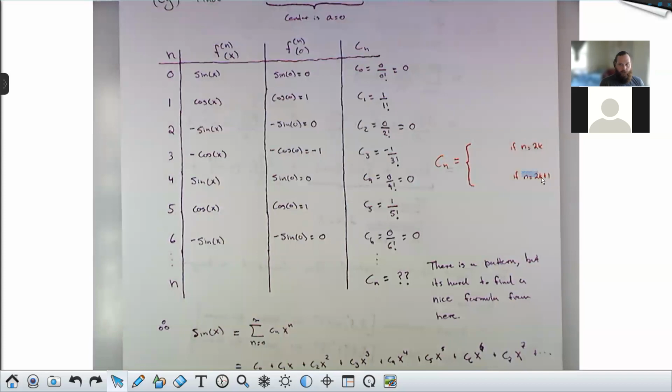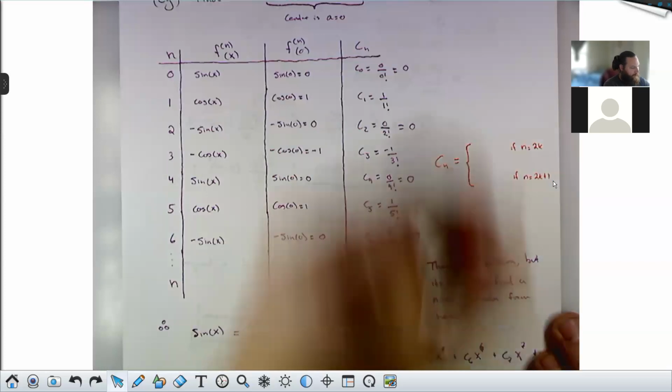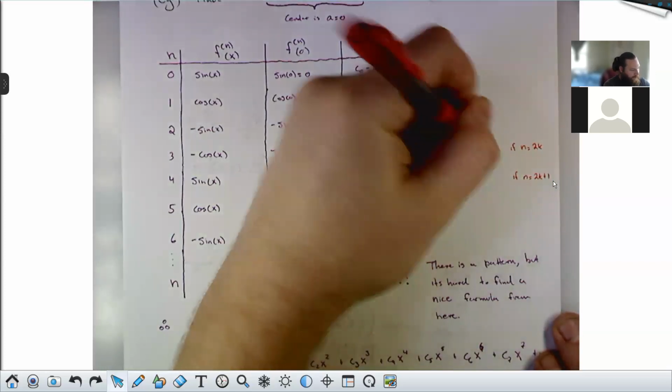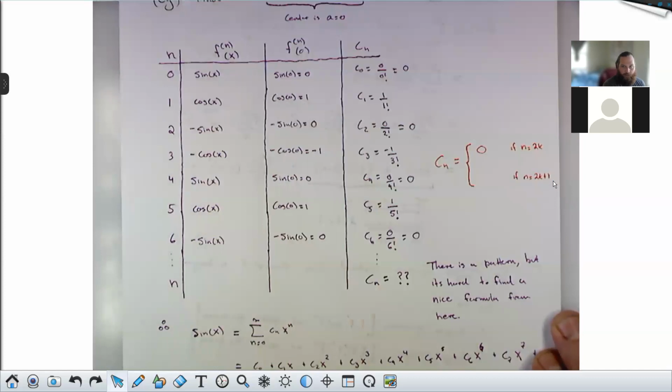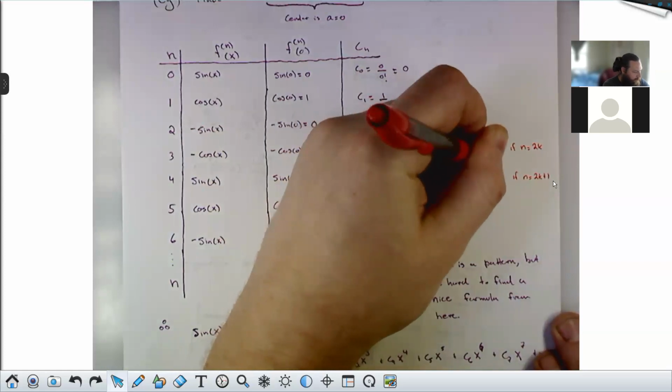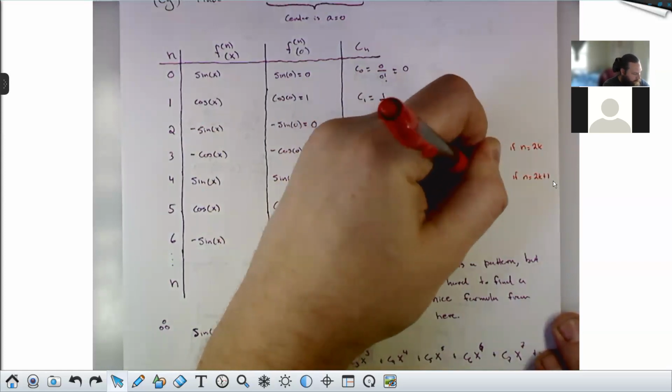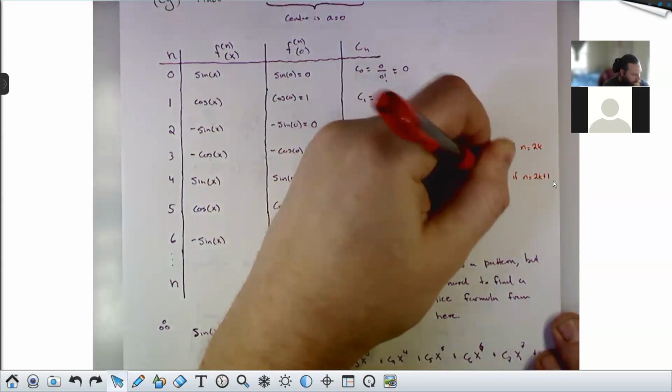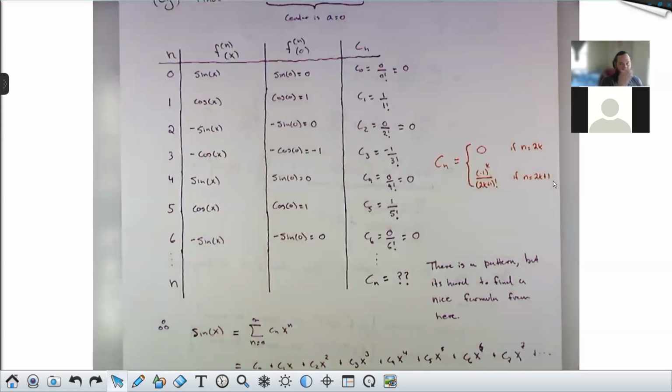If n is odd, that means n is 2k plus 1 for some integer k. If n is equal to 2k, then Cn is 0, because n is even. If n is equal to 2k plus 1, then Cn is negative 1 to the k over 2k plus 1 factorial. That's actually the formula for the Cn's.